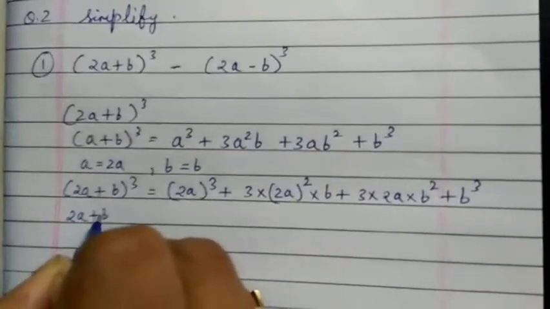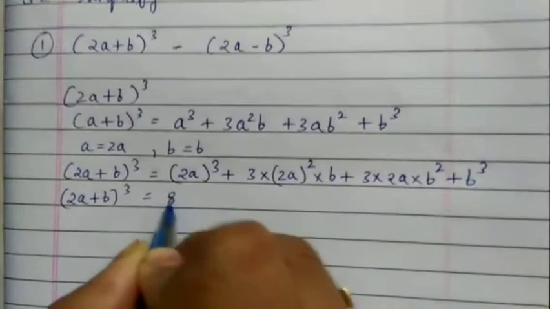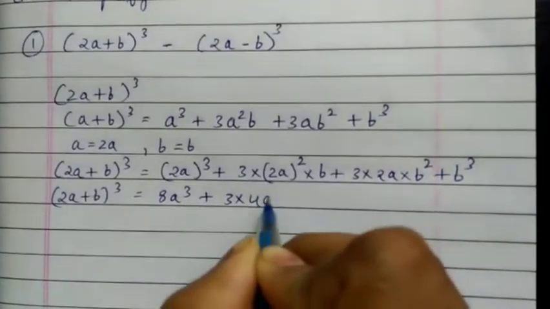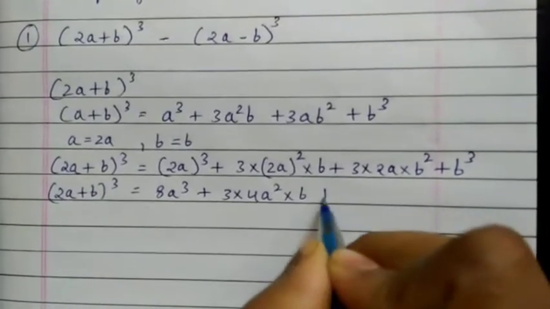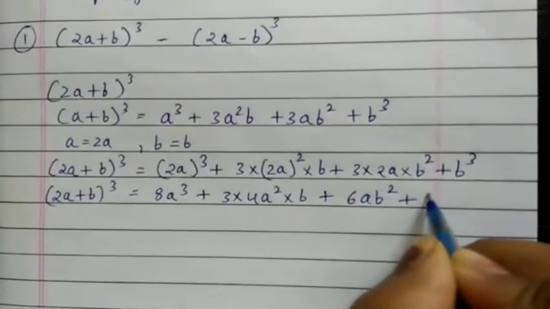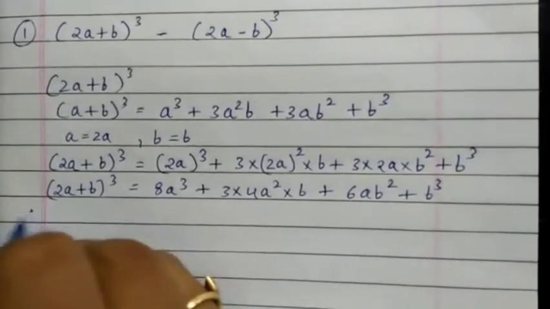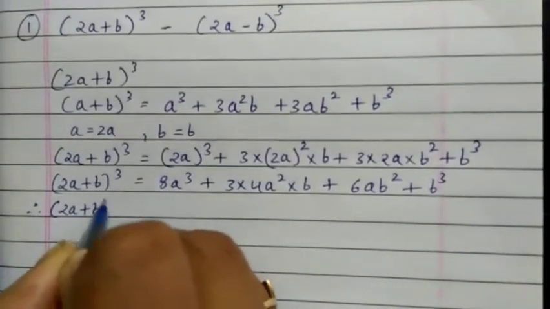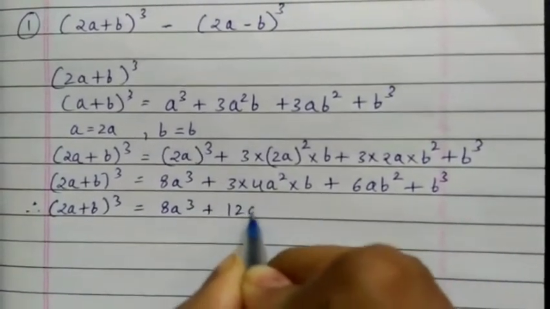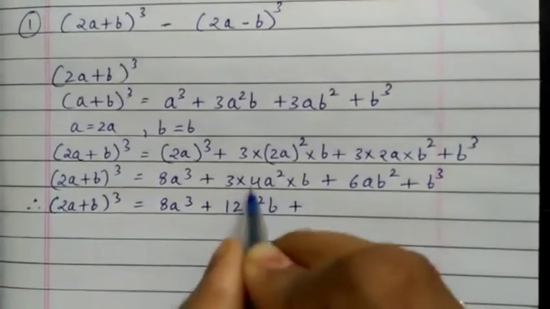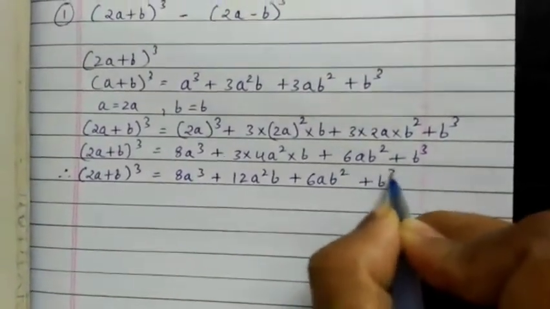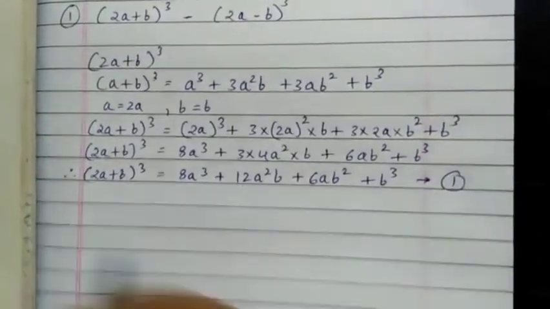So 2a plus b whole cube is equals to 8a cube plus 3 into 4a square into b plus 3 2s are 6 ab square plus b cube. So it is 2a plus b whole cube is equals to 8a cube plus 12a square b, 3 4s are 12, plus 6ab square plus b cube. This is our equation number 1.